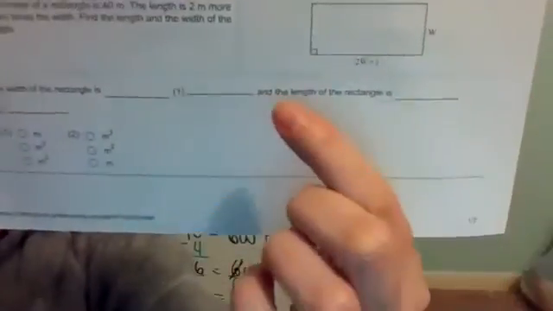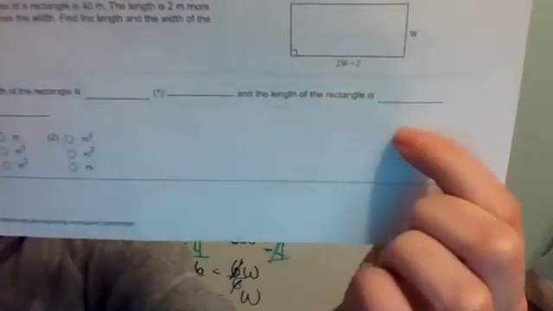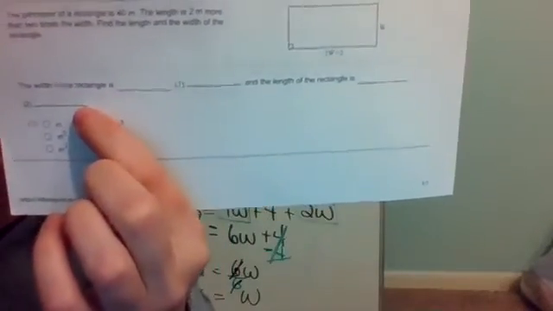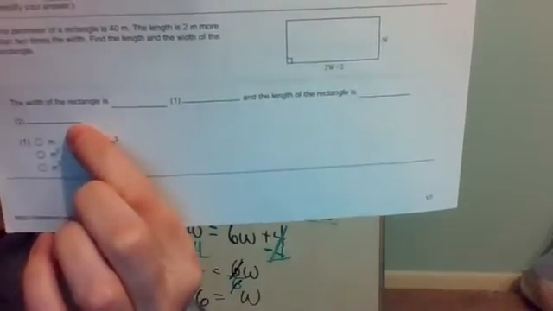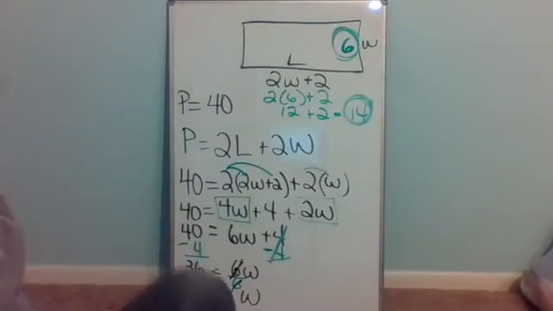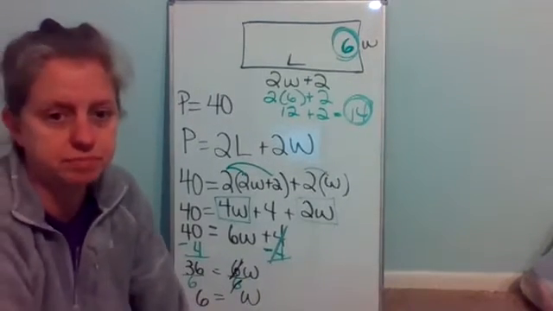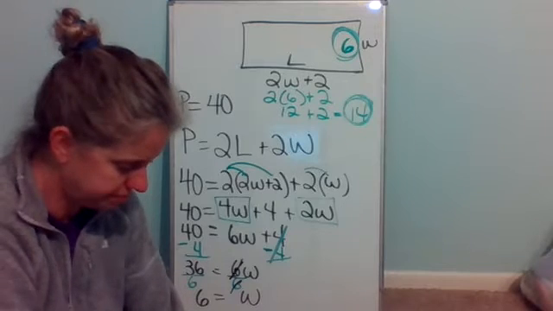Then it'll say the length of the rectangle is, well, we just found out that it's 14. And again, it will be m. Okay?